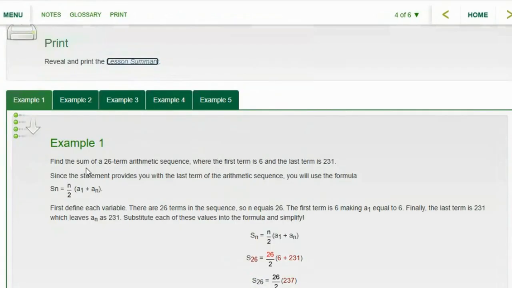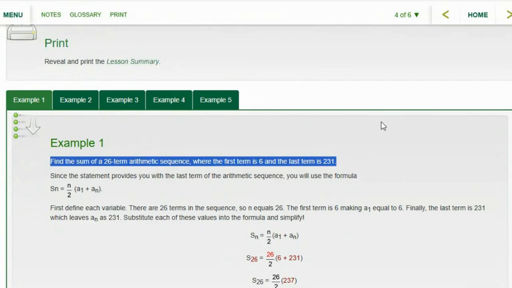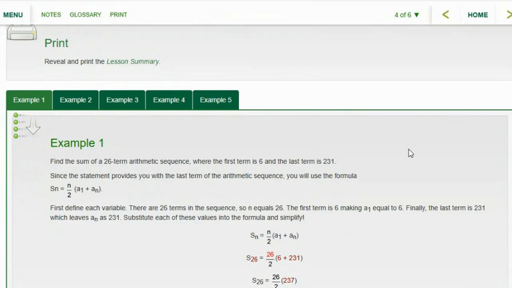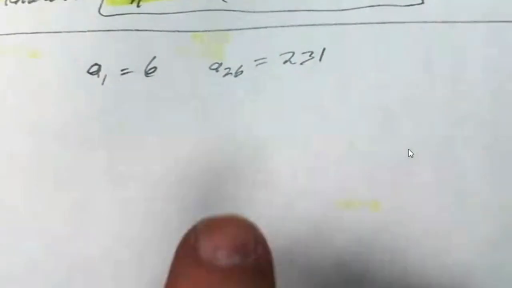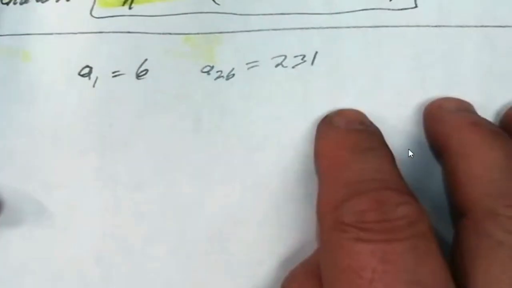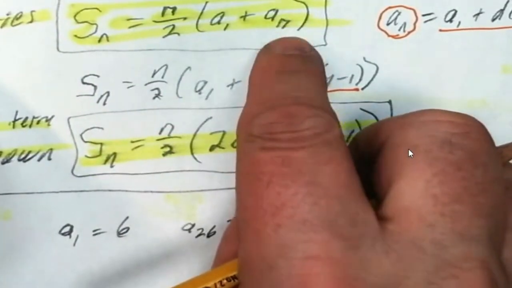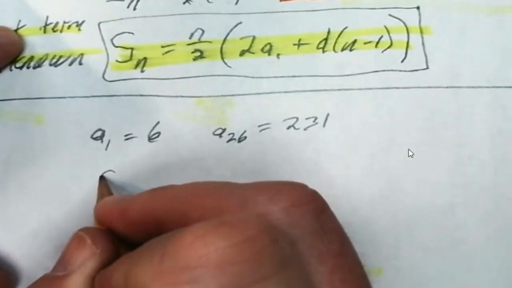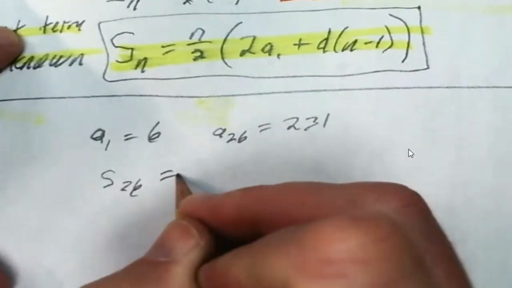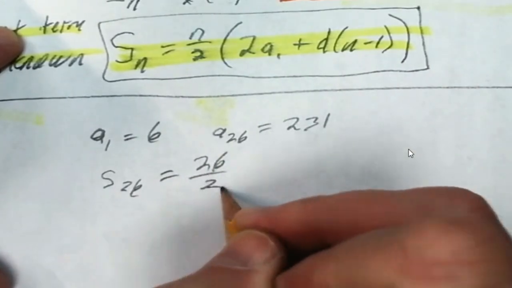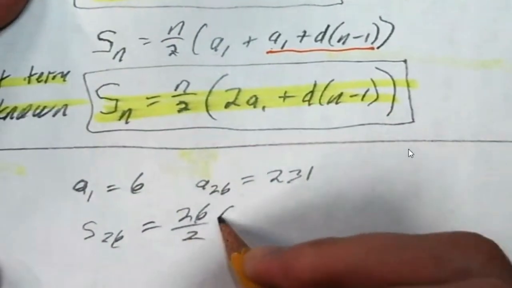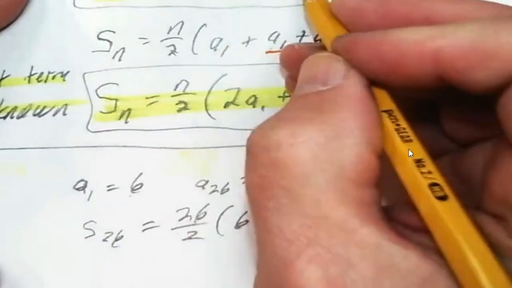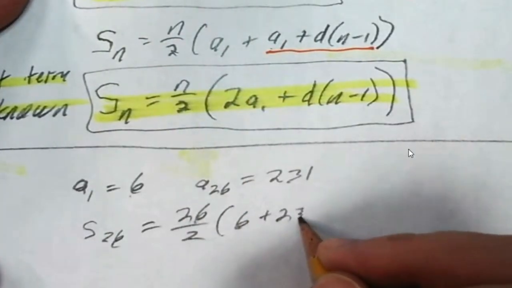All right, so this one tells us to find the sum of a 26-term sequence. The first term is 6, the last term is 231. So they gave us the first and last term and said find the sum if we add all these terms together. So we can use this because we know the last one. So we can say the sum of the 26 terms is 26 divided by 2, because our n is 26, times the first term 6 plus the last term 231.